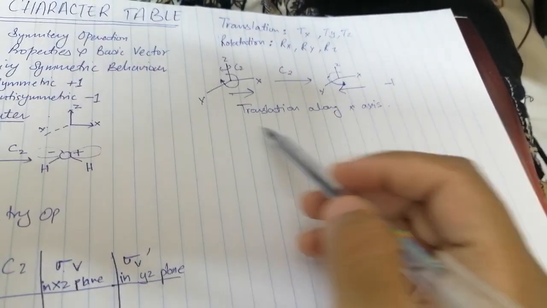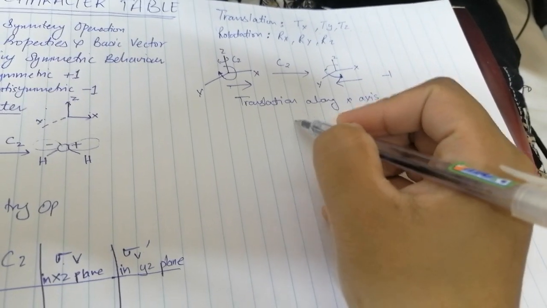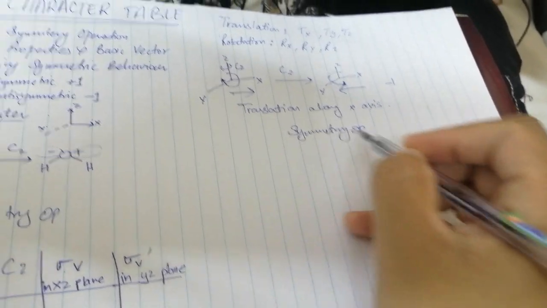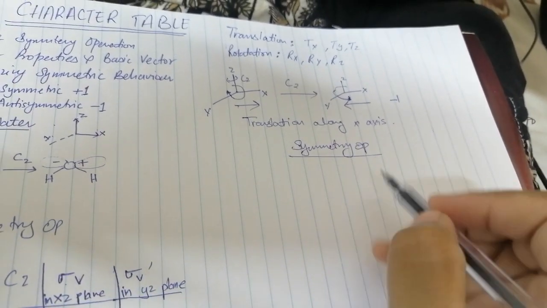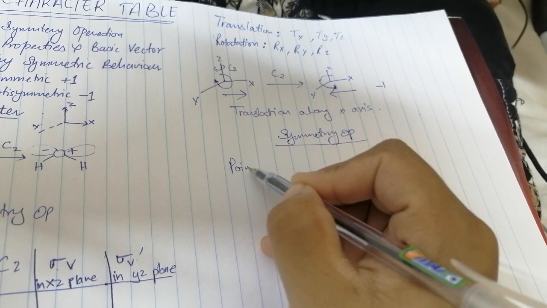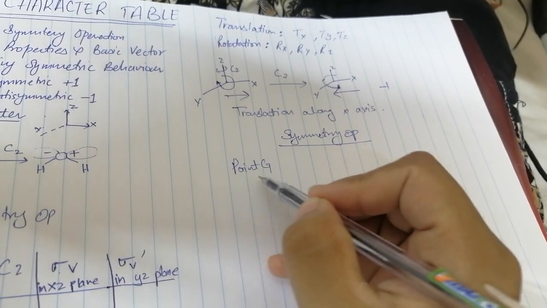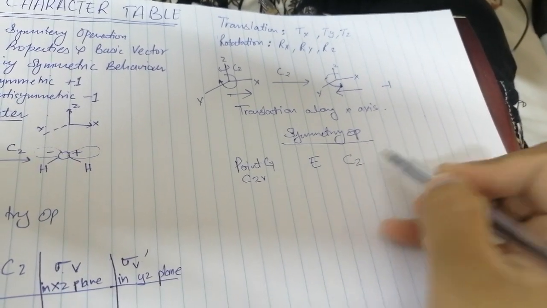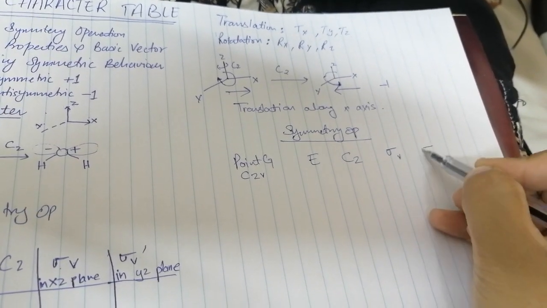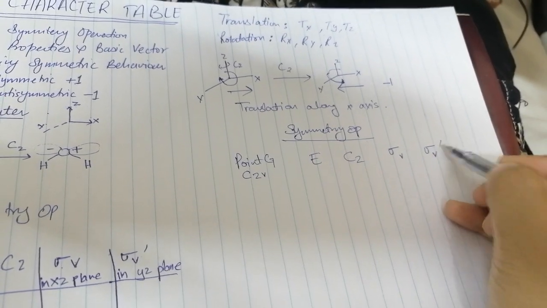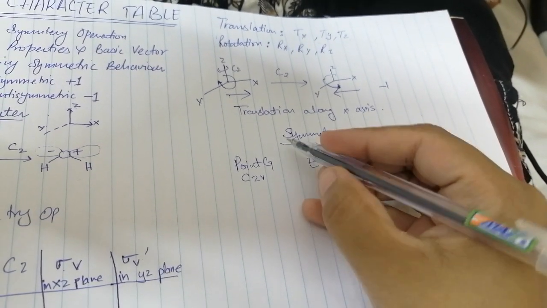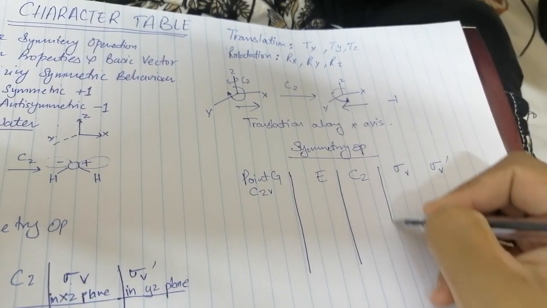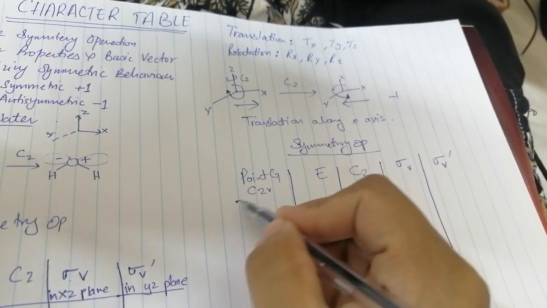Now all this information we can again put into the symmetry operations table. Don't mind my writing. So we can put this in the point group. I'm just writing G for the group, C2v, then we have the different operations, E, C2, σv, σv prime. And then we talked about the effect of rotation along different axes, right?